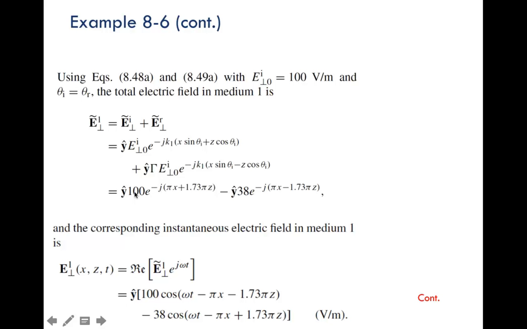So we basically have the forward moving wave with an amplitude of 100, and the reverse moving wave with an amplitude of 38, both pointing in the y-hat direction. We can then convert that to an instantaneous field by adding in the j omega t.